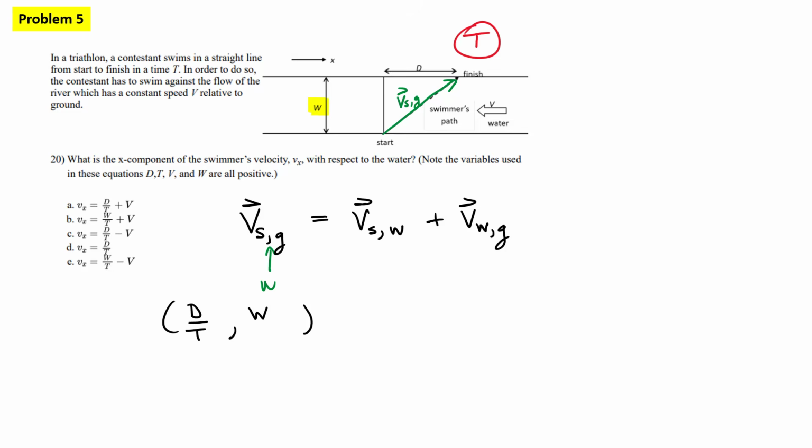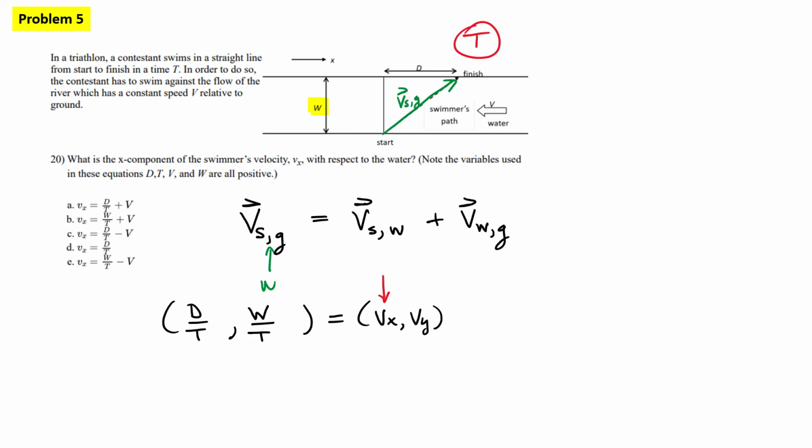The vertical component is going to be the width divided by t right here. So we know the swimmer relative to the ground in terms of all those variables. What we're looking for here is the x component of the next vector. So I can simply write it as an x component and a y component, but we only really want to solve for this guy.